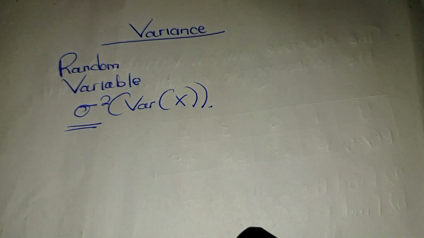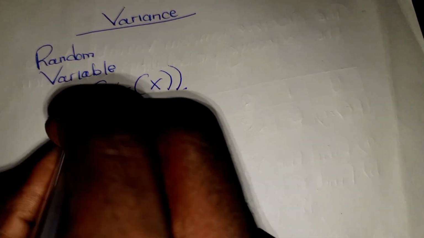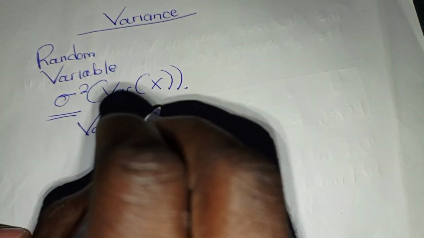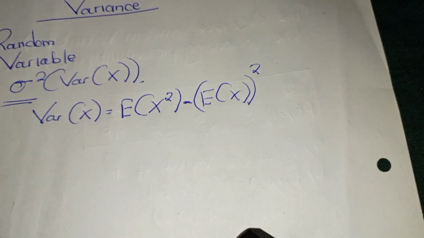So if this is so, then variance under random variables is given by: variance of x is equal to the expectation of x squared minus the expectation of x, when you square this.